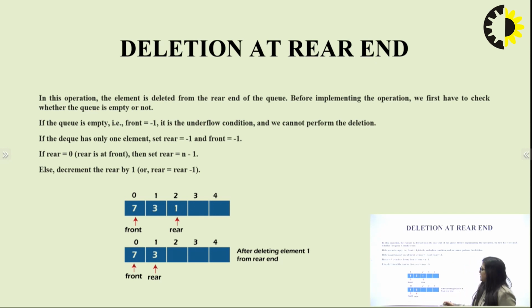Same like this, it is the rear. Now the condition is 2: the rear value is 1 and the indexing value is 2, and you want to delete 1. If you want to delete 1, then set rear to n-1. What is rear now? It is 2. And if you delete 1, then move in the decreasing direction.